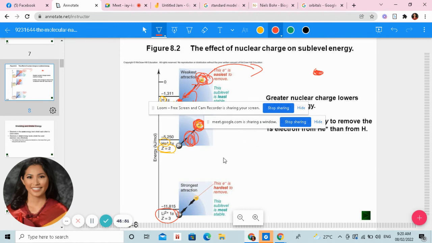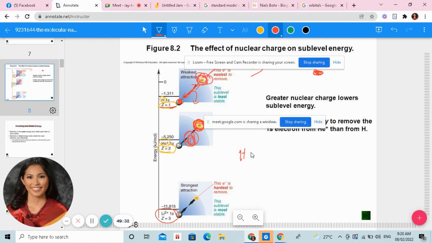Okay, so if I ask you to arrange the atoms and ions in ascending order according to nuclear charge, easy to remove to hard to remove, which is the hardest to remove? First, H. Then we have the helium ion.